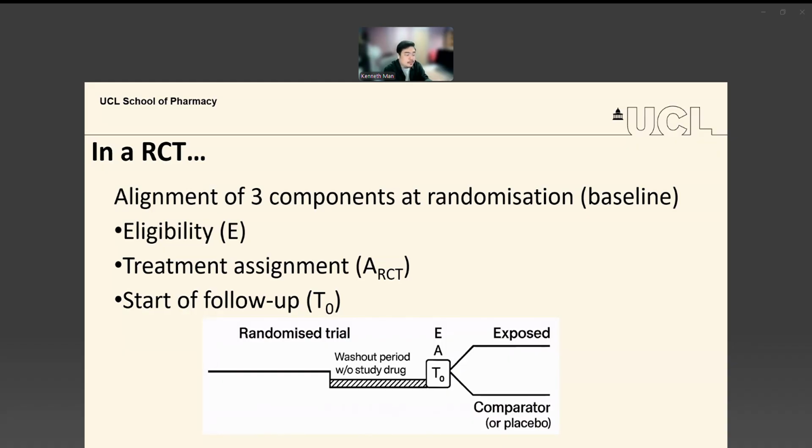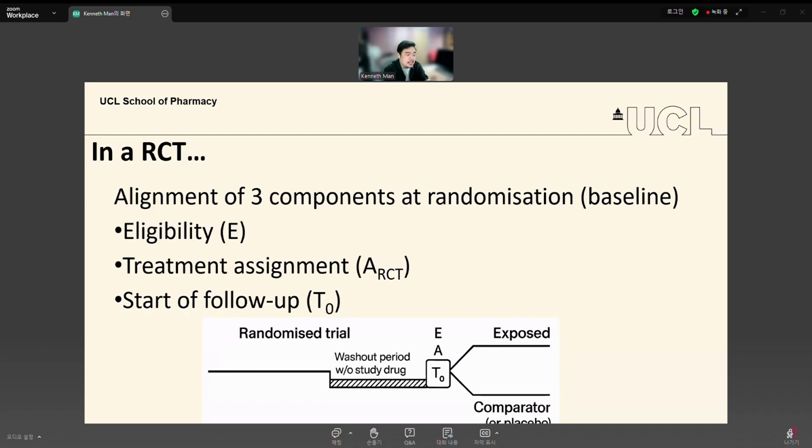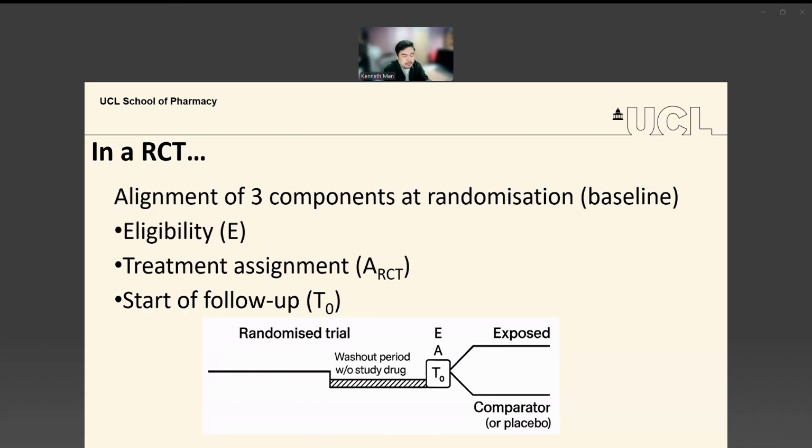And then after the randomization, the individuals who were included in the trial will be allocated to either the exposed group, the comparator group, or a placebo group accordingly. But all these three time points happen all at once, usually: assess the eligibility, assign the treatment, and then start to follow up. So that's fine if all of these three happen at once. That should not be an issue.